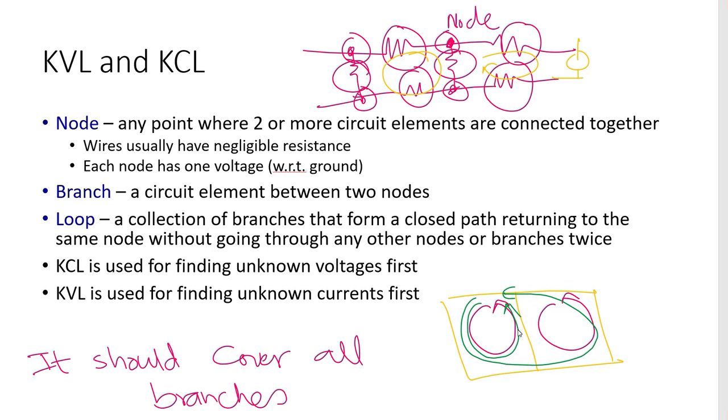If we check this green line, it is also covering all branches. This branch is covered, this is covered, and covered. So all branches are covered, hence this is also a valid loop structure. So loops must be equal whether you draw them directly or indirectly if all the branches are covered. So do remember this thing.